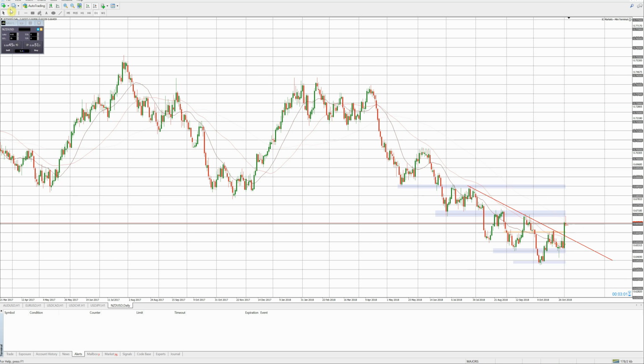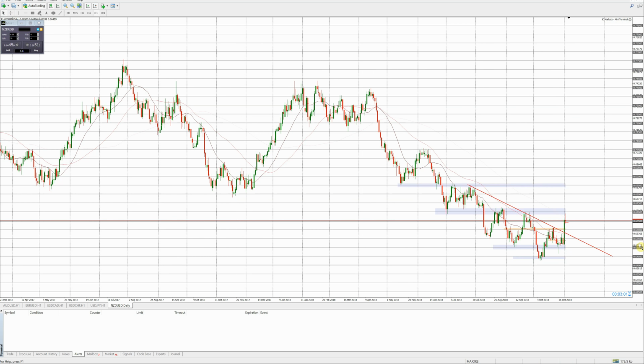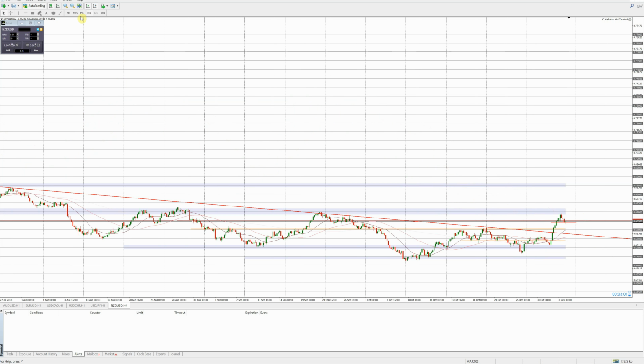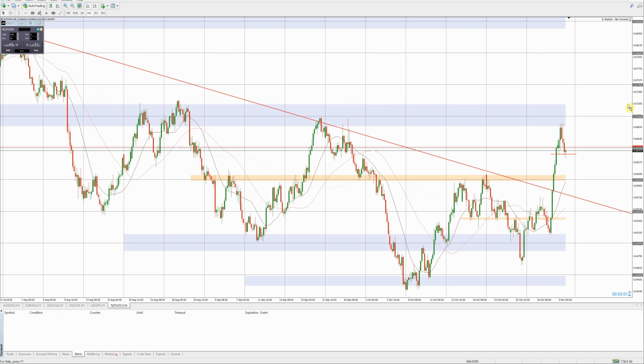That was around 140 pips movement yesterday, but we have this rejection candle at resistance around 0.6700, which means I'll see what it does next week.